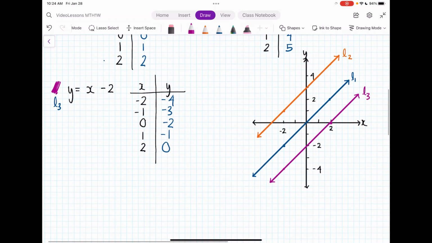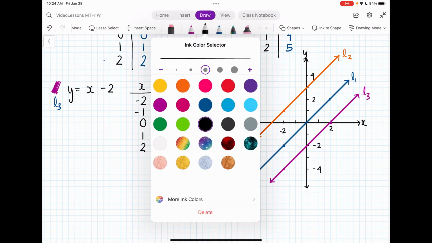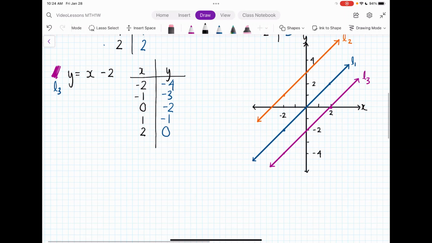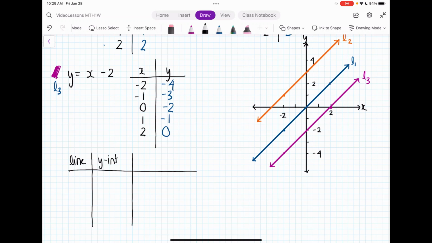Okay, so we're now going to write out some observations and then draw some conclusions or conjectures based on those observations. Here we're going to talk about the line itself. We are going to put in what we notice as our y-intercept. Or let's do this.